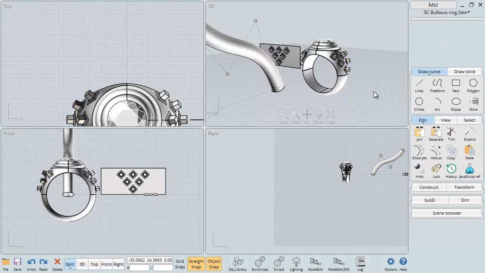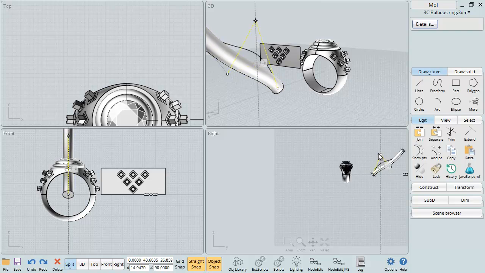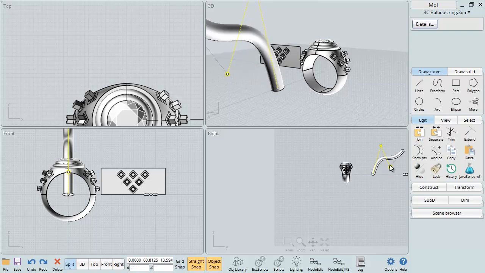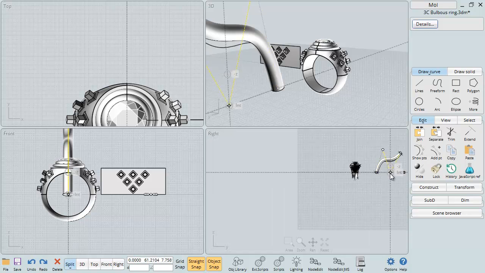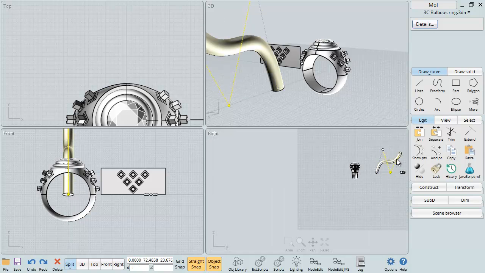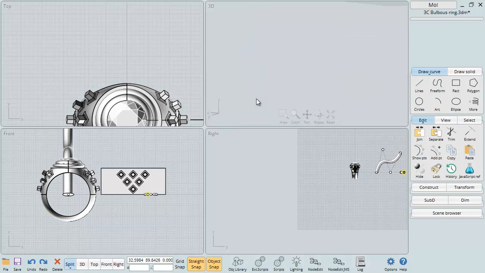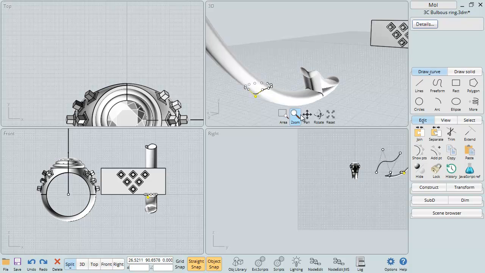So let's show points on that. Does sweep have history? Yeah, so sweep has it on by default. So I could either move around my target curve and see it update. I can go over here to this one, and my whole thing changes. I kind of screwed up the circle, so the whole sweep changed. But you see what I mean?